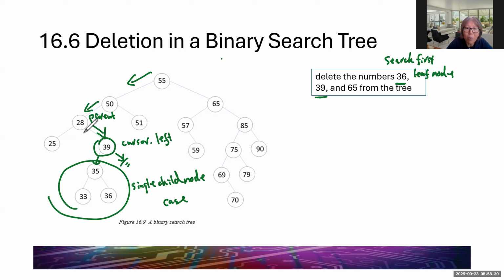What we want to do is, since you're going to delete this, you reconnect the parent's right to the cursor's left. So parent's right is set to cursor's left. Okay, so now this item is gone. You have the new branch, and it still satisfies the binary search tree ordering rule.